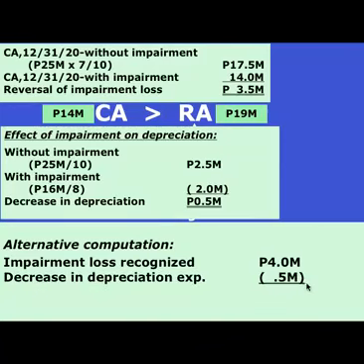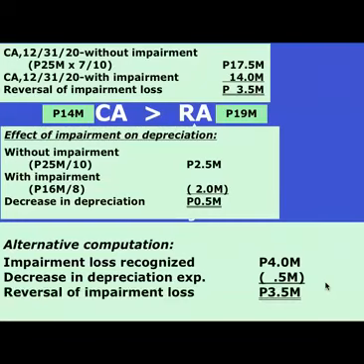Decreased by 0.5. So, yung decrease na yan in depreciation, reversal na yan. Kaya kung na-reverse na yung 0.5, magkano na lang ang pwede pang ma-reverse? 3.5 na lang. So, that is the reason why there is a limit. So, to avoid double counting the reversal.